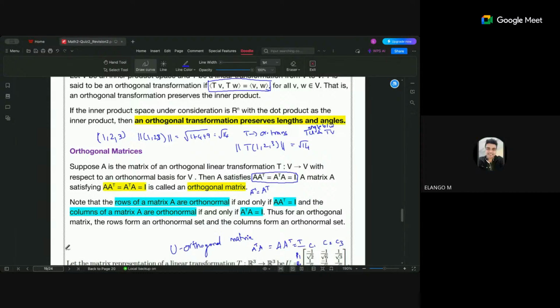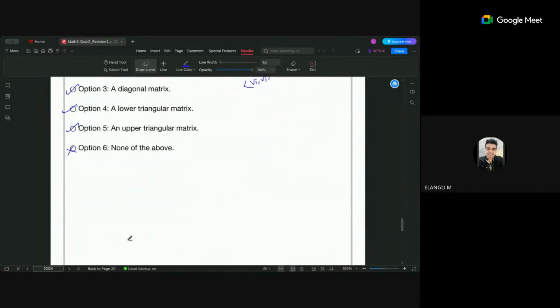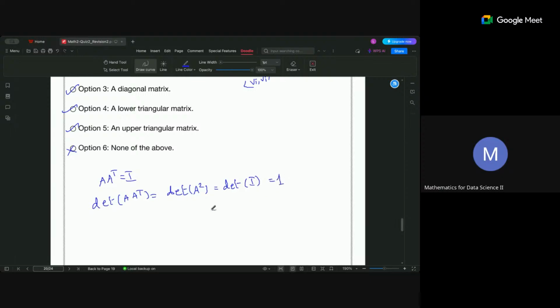Because the determinant of A times A transpose, determinant of A and determinant of A transpose, gives determinant of A squared equal to the determinant of I, which is 1. So determinant of A squared is 1, which implies determinant of A is plus or minus 1.